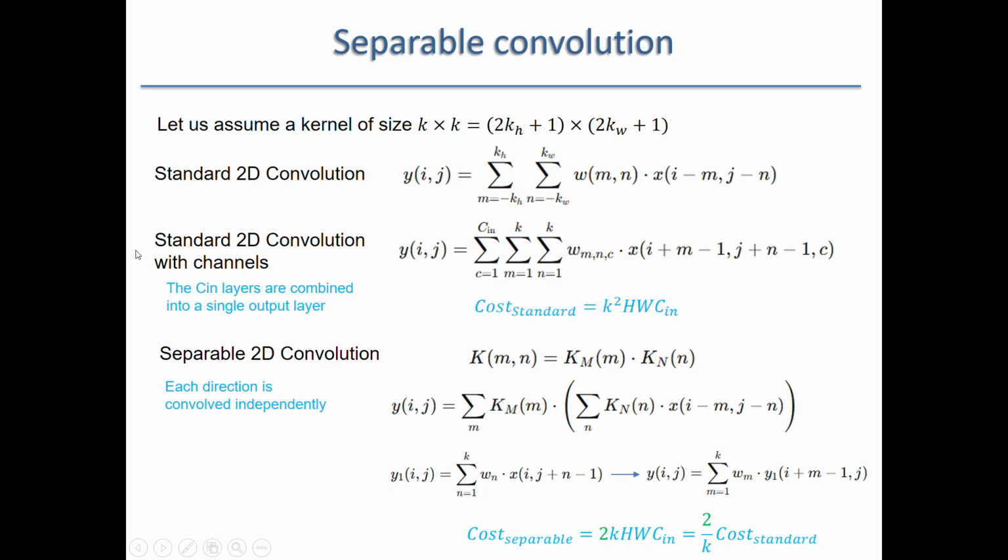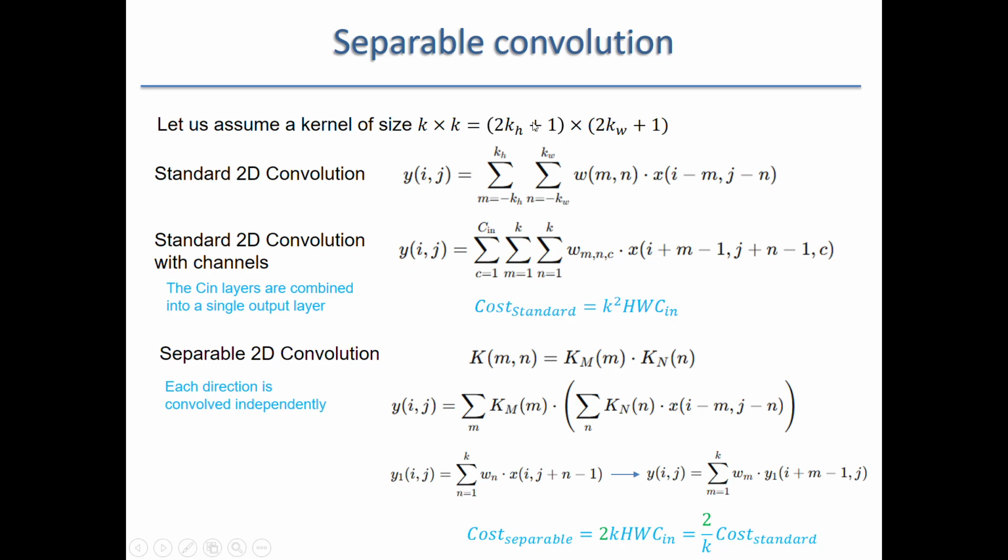Okay, so what is the cost of the standard convolution? How many multiplications do we need to do? For each output pixel, we need to do a number of operations equal to the number of input channels, because we are summing over all channels, and for each channel we are doing k squared, assuming that the two k's are similar.